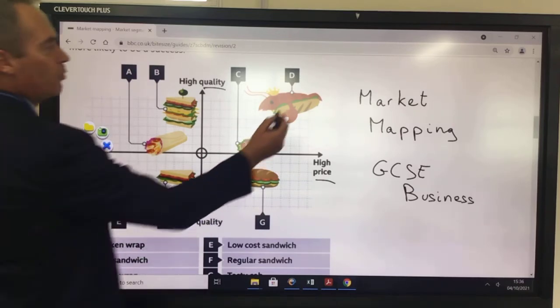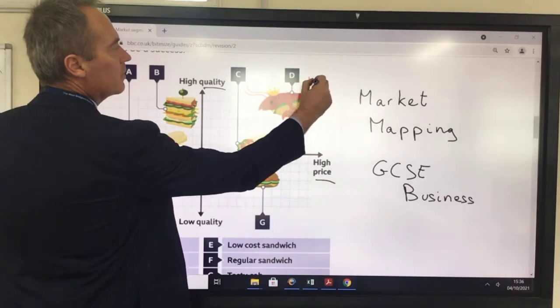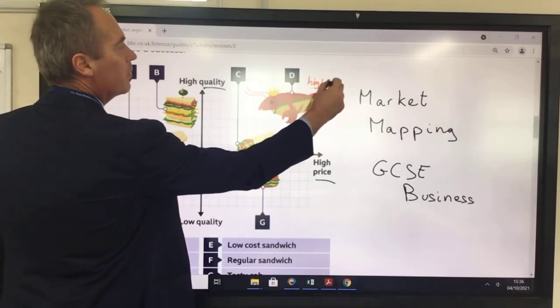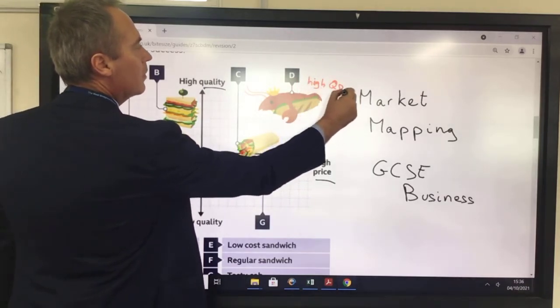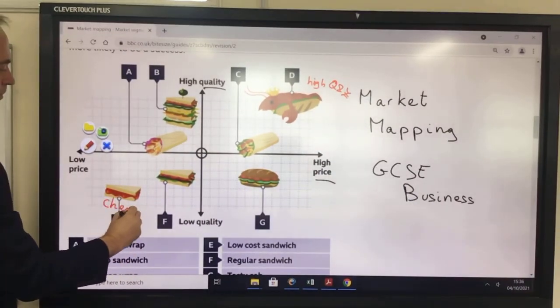In this quadrant over here, we've got high quality, high price for both. And down here, we've got cheap and cheerful.